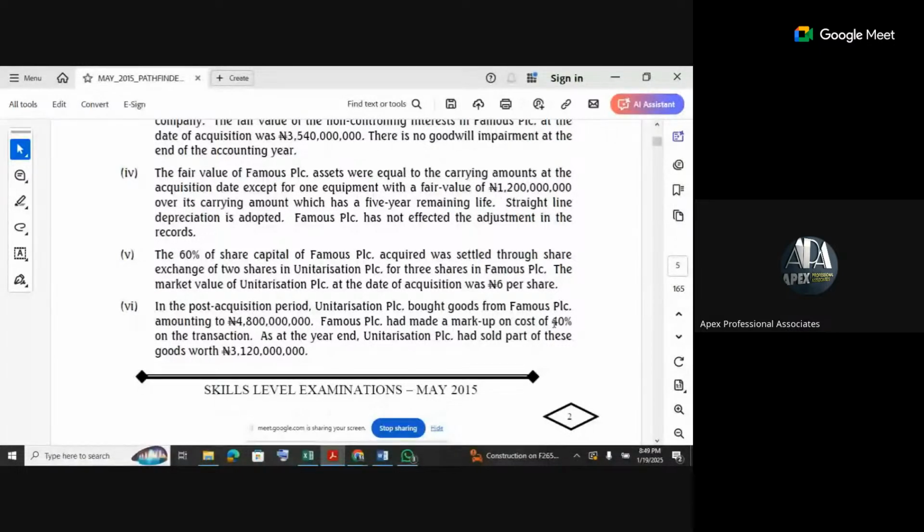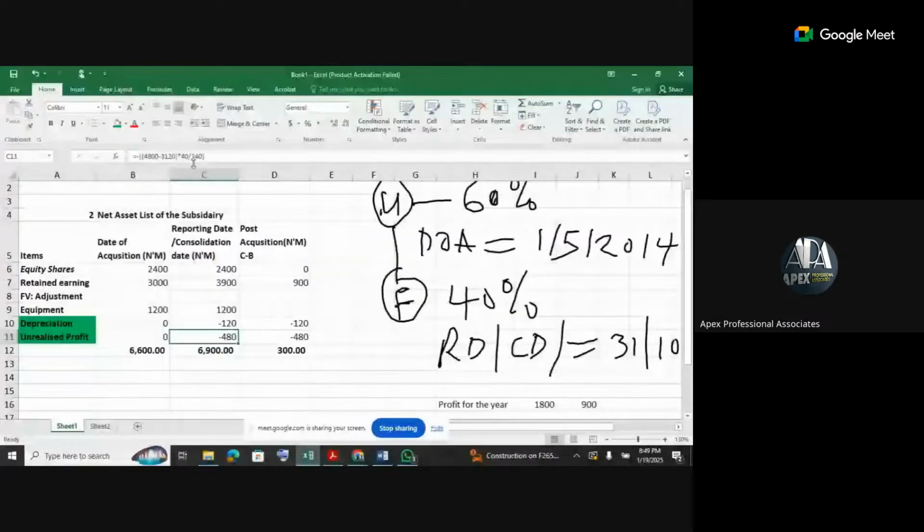Markup is usually the percentage given times 100 plus 40. So I'm supposed to say 40 over 40 plus 100%. So that's why we have 40 over 140%. So it is the 4,800, the total amount of goods sold, less what they have already sold.